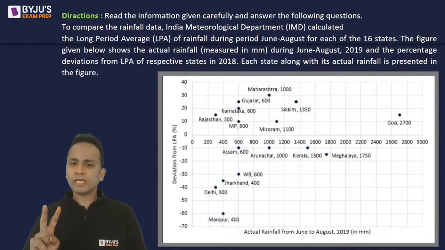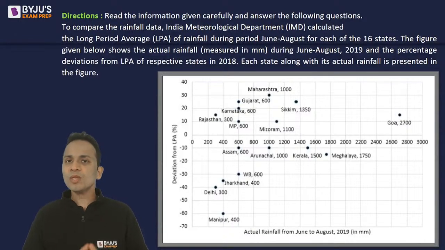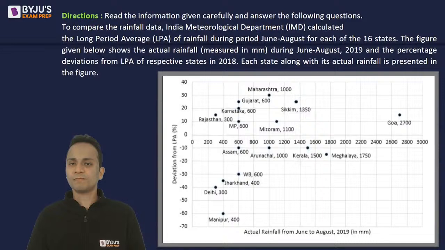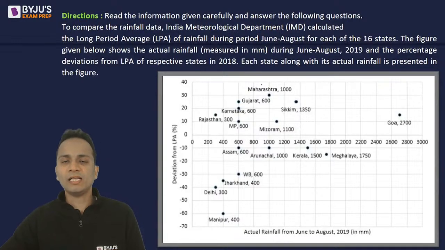There are two things given in this figure, and we'll talk about both of them one by one. One thing given is the actual rainfall from June to August for the year 2019 in millimeters. If you look at the state of Maharashtra at the top in the figure, I'll circle it.